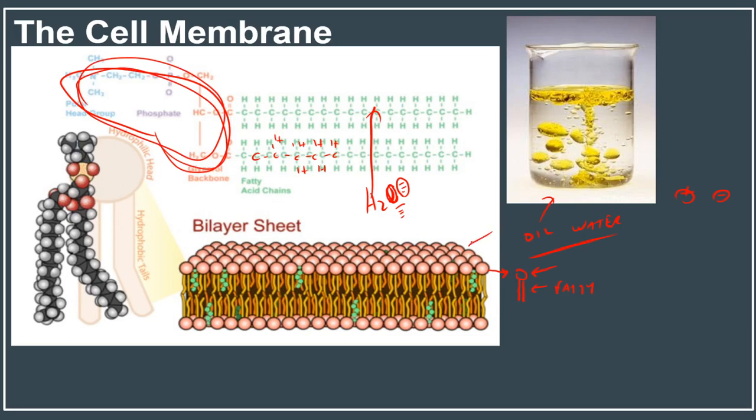All of these can interact with water, and the legs, which basically don't like to interact with water, are all stuck together. So this is the fatty layer in here. This is all fatty. And then these circular head groups can interact with water.